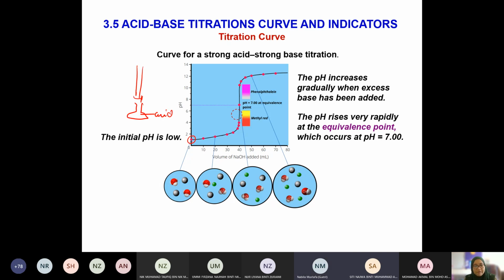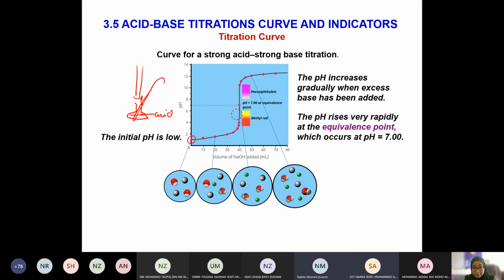Sebab kita tahu dia start from the bottom going up. Okay. So kita boleh tahu bila kita letak pH meter yang measured dekat bawah ni adalah acid because they start from the bottom 1 macam tu. Okay, so the pH increases gradually when excess base has been added. So bila kita letak banyak base, definitely it will increase.